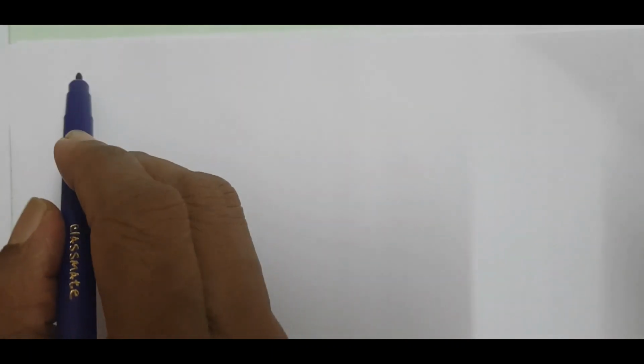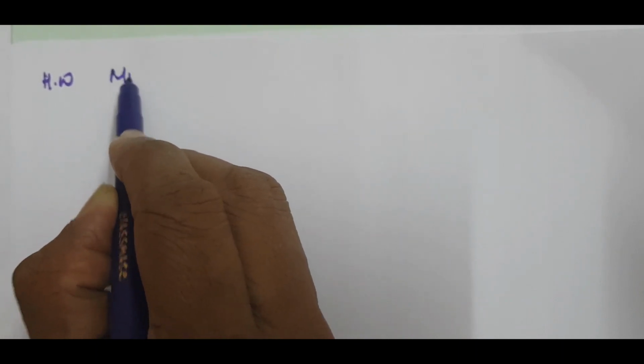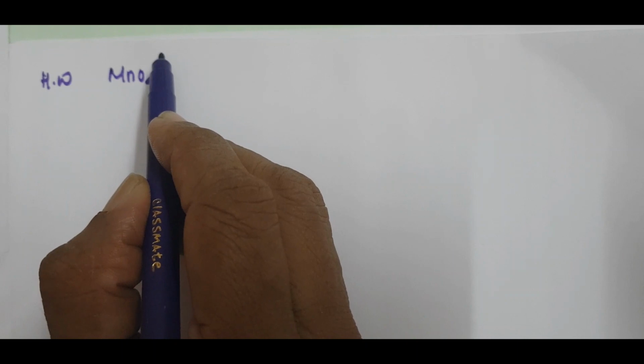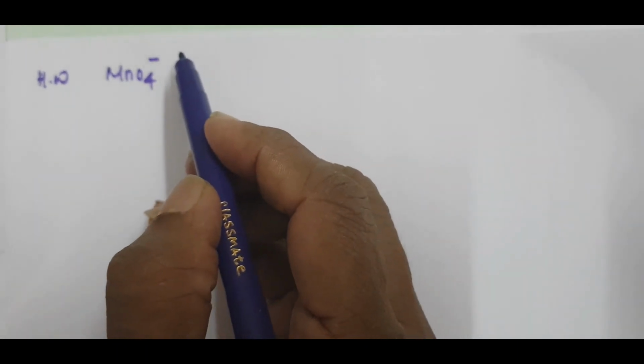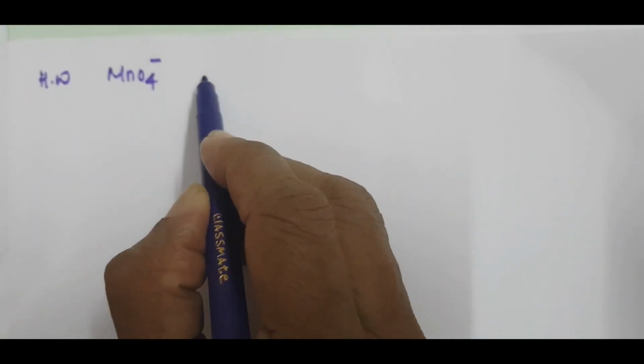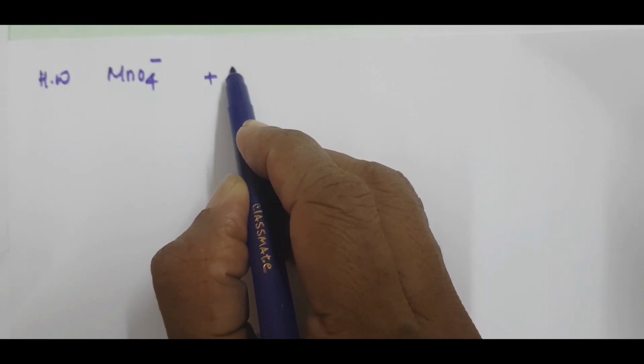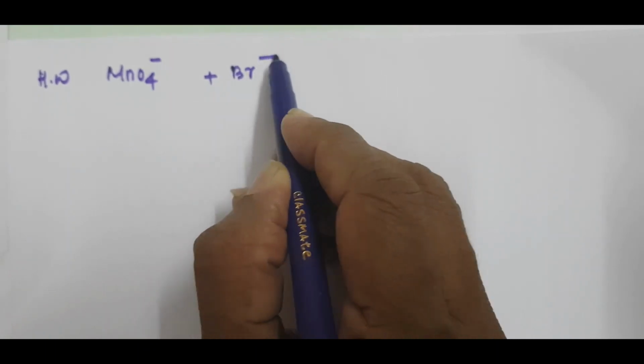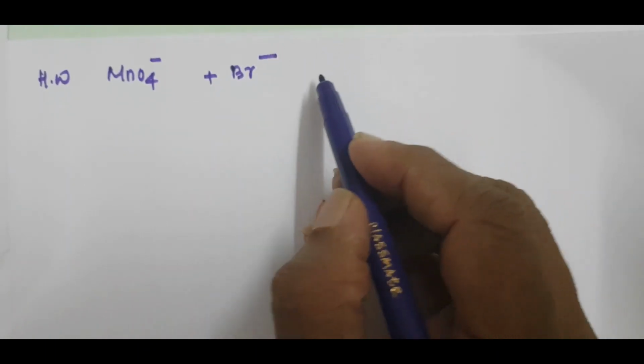The homework is: permanganate ion, MnO4 minus, reacts with bromide ion, that is Br minus ion, in basic medium.